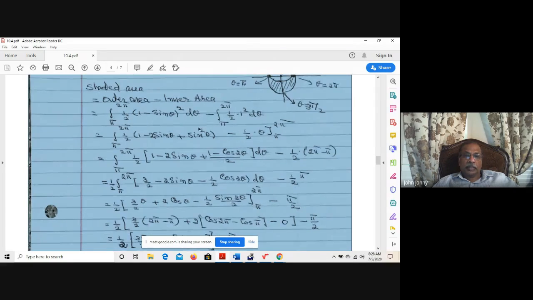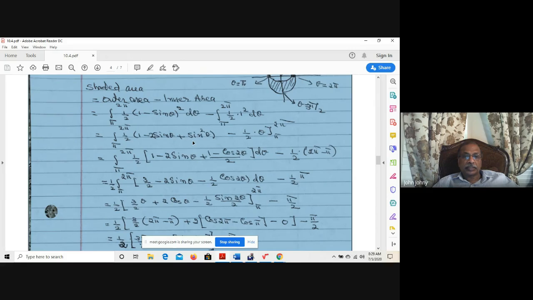So a little bit of algebra is here. Pi to 2 pi, 1/2 times, FOIL this, 1 minus 2 sine theta plus sine square theta, minus 1/2 times theta d theta. This is a 1, so it is just d theta. And that is equal to the integral from pi to 2 pi of 1/2 times 1 minus 2 sine theta plus sine square theta.